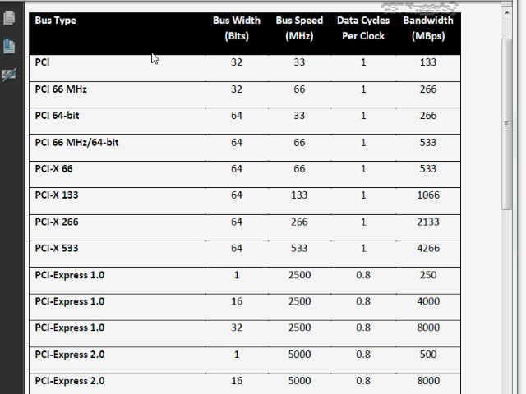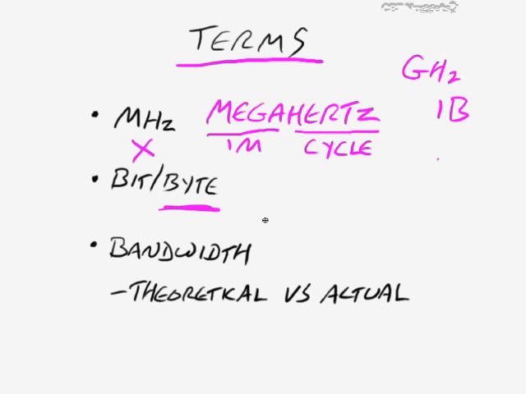Now, again, we'll take a look at this visually in a moment, but you've seen pictures of motherboards in the past in this series, and we've looked at PCI slots of various types and other types of slots. Well, those slots have a certain amount of throughput, or bandwidth, that they're capable of. Also, I think it's important to understand that there's a difference in bandwidth between the theoretical and the actual.